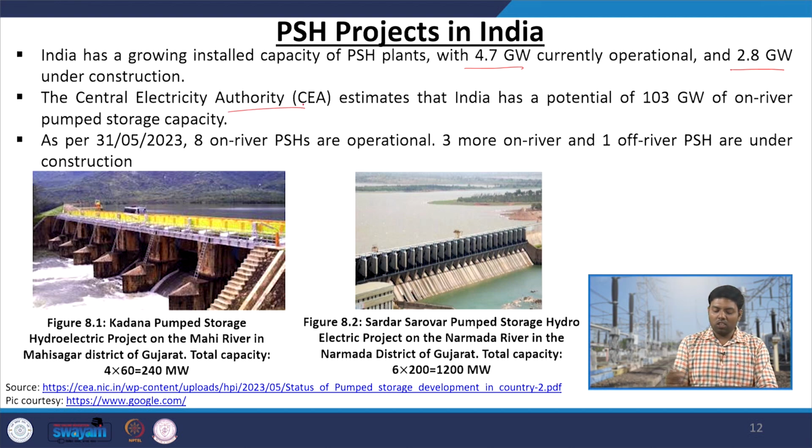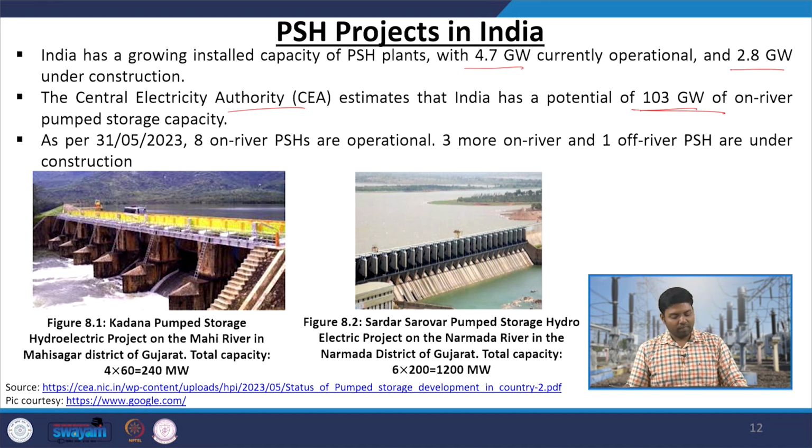The Central Electricity Authority of India has estimated the potential of pump storage hydro that is run on river, where mostly there will be a dam on the river that will generate, but the pumping back is very nominal. Okay. So, the run on river pump storage capacity we have is 103 gigawatt, and we have a total of 8 run on river pump storage hydros and 3 are at the building stage.